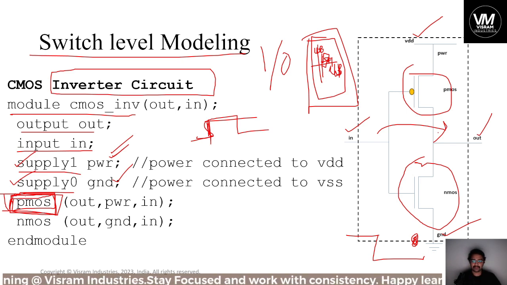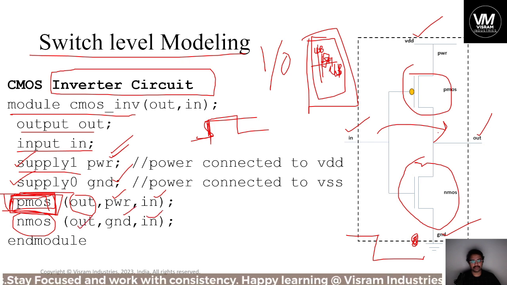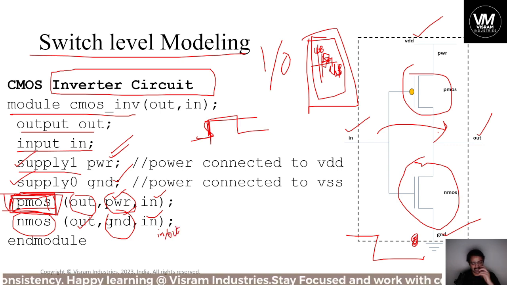So PMOS has output and inputs. NMOS has one output and all other inputs. Usually power and ground will be inout pins. Remember, in actual VLSI, in anywhere, the representation of the power VDD or ground GND or VSS, sometimes these power and ground ports are considered as inout.